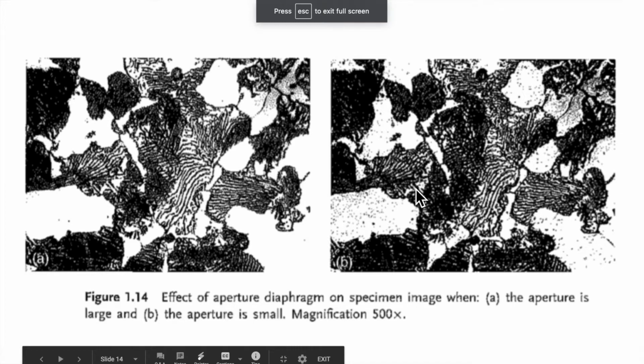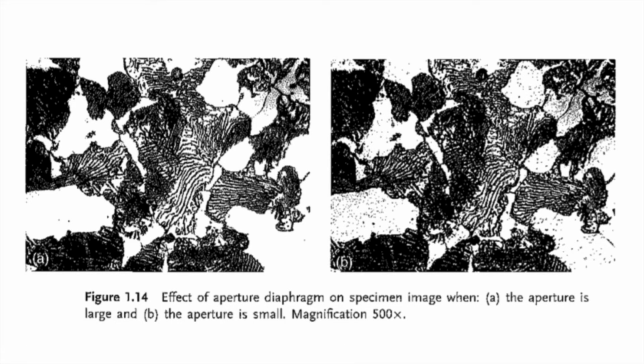All right, now that you've had a chance to look at that quiz question and what we would expect from a large and a small aperture as you see it in A and B respectively, let's discuss what that should be. A large aperture is going to have a large aperture angle, or alpha.